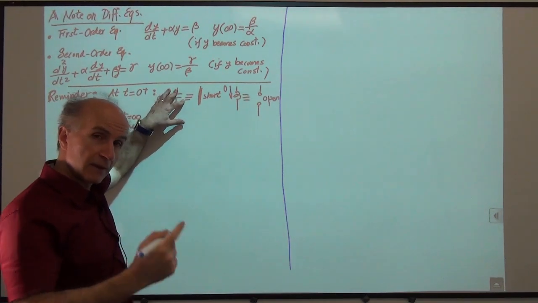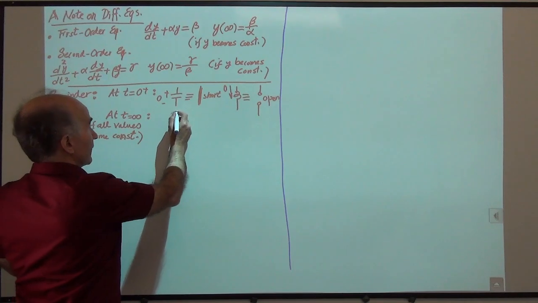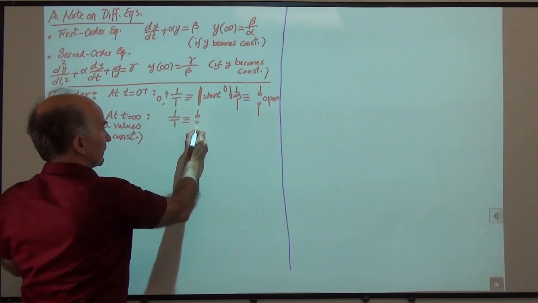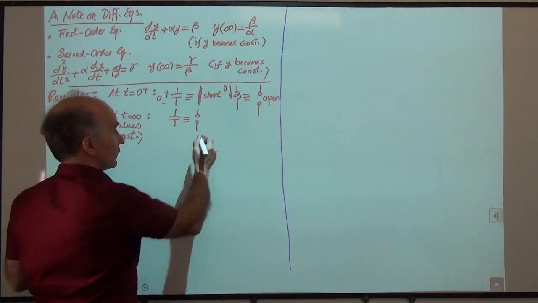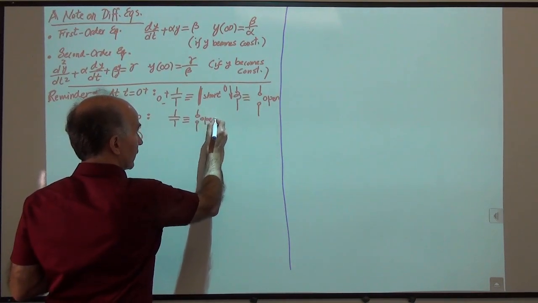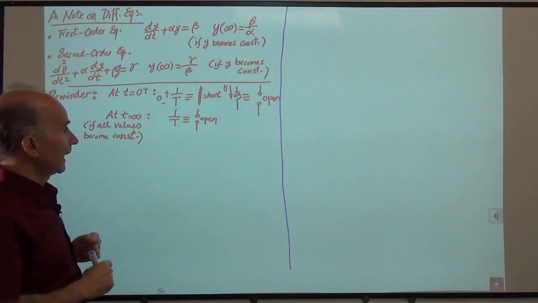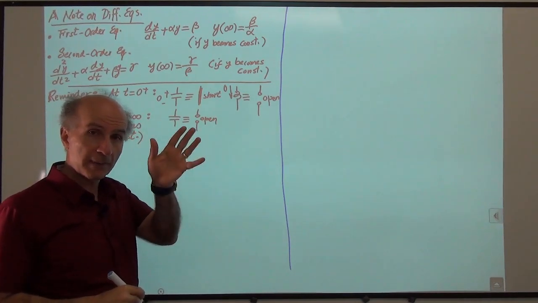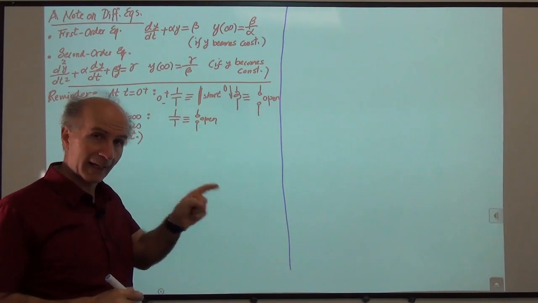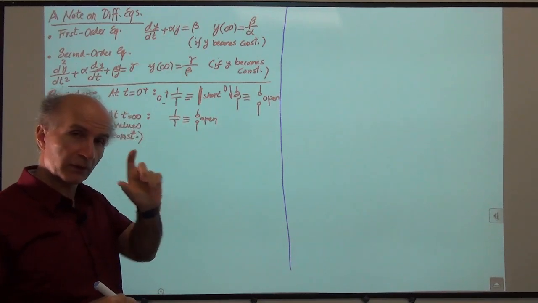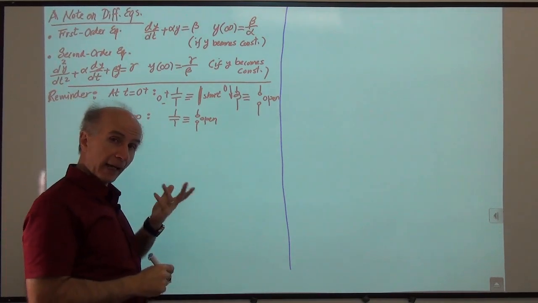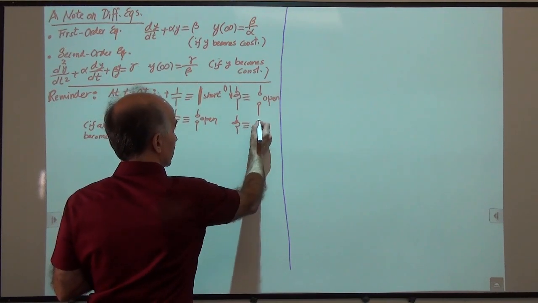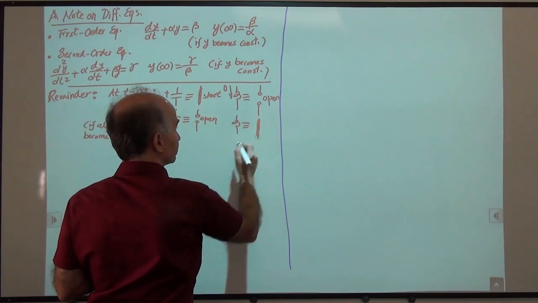So C dV over dt is 0, and that means that the cap acts as an open, right? Because it's only an open that guarantees a 0 current. And for the inductor, if the current through the inductor becomes constant at time infinity, then L dI over dt is 0, so the voltage across the inductor is 0. And that acts like a short circuit. So we say here, this acts like a short circuit.